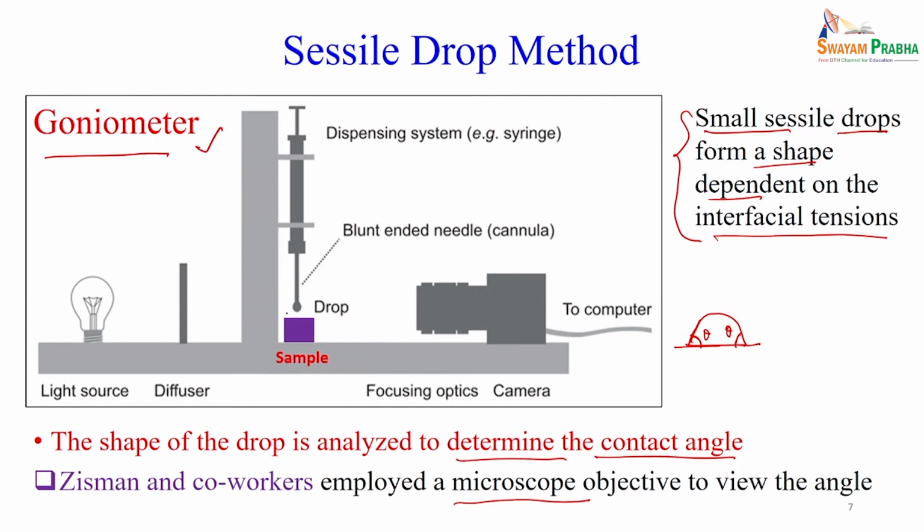Typically, the volume of the drop we keep in the range of 1 to 10 microliter. We try to keep it as small as possible to avoid the interference of gravitational forces. So, there are three things we have to consider when we perform the contact angle measurement.